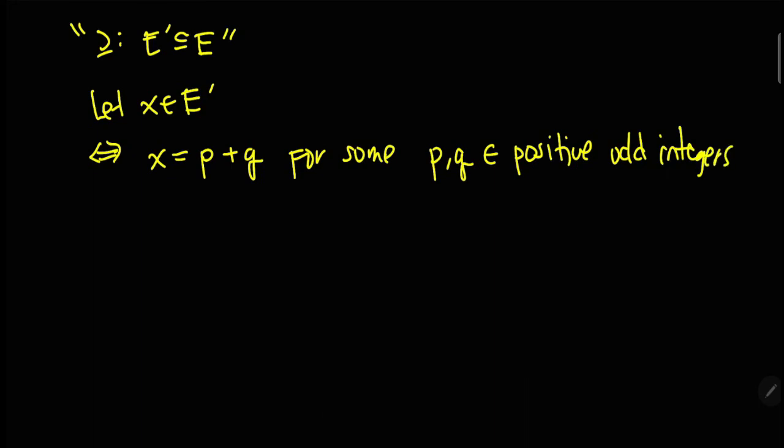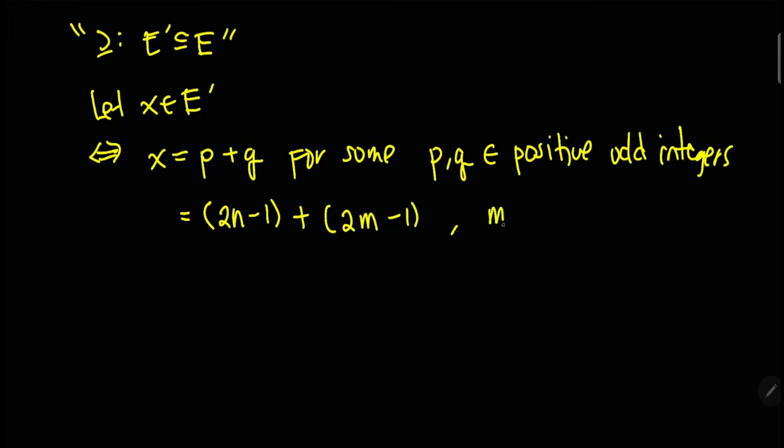But what is the formula for odd integers? The formula for odd integers is simply 2 times n minus 1, right? So we can write p as 2n minus 1. And we can write q as, let's use another variable, 2m minus 1.